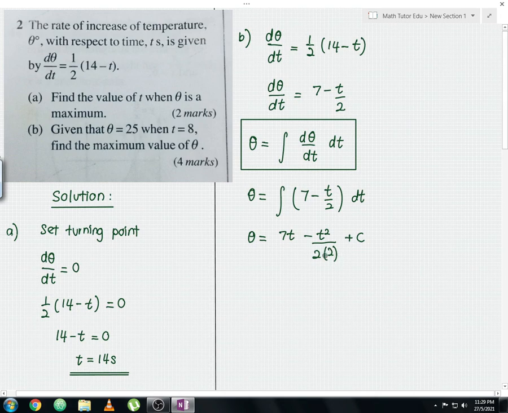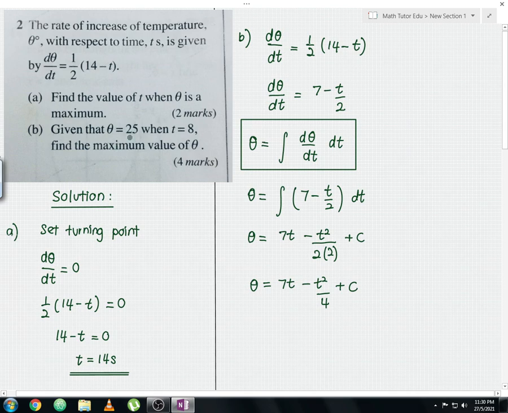Okay, let us continue. So the 2 times 2, the denominator you should get 4, so from here your theta is equals to 7t minus t square over 4, and then plus with c. Remember that the question gave us two pieces of information.